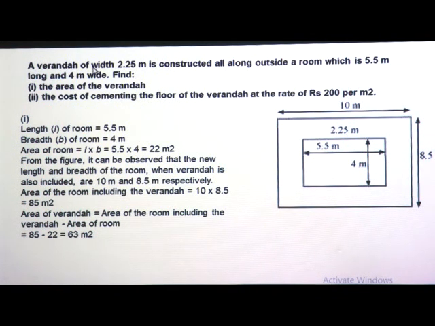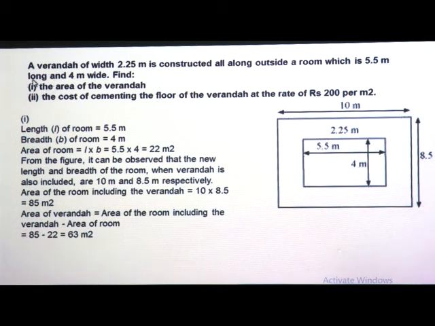A veranda whose width is given as 2.25 meter is constructed all along outside the room. Here it is given that it is constructed outside the room which is 5.5 meter long.